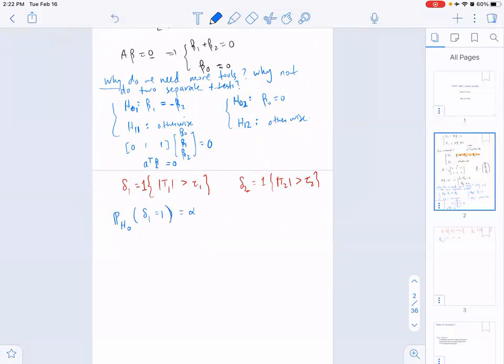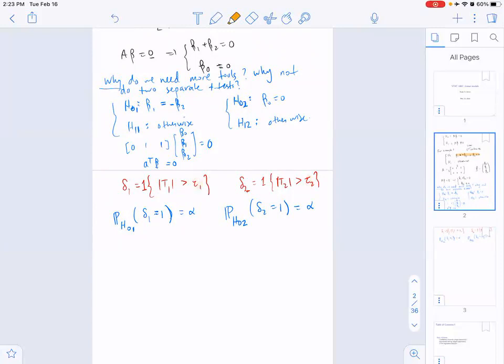The way I set the threshold guarantees that. Then I have a second test under the second null, which also has a type 1 error of alpha. The way I set these thresholds, I can guarantee this.